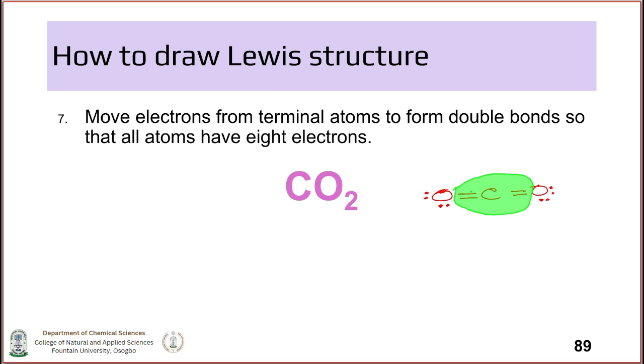So we are going to count all the bonds for carbon because it is the central atom. So count it: 1, 2 here, double bond, that is 4 electrons, double bond here, that is 4 electrons. So we have 8 electrons around the carbon atom as well. So it means all of them have 8 electrons around them. All of them have been satisfied with their octet electron configuration.